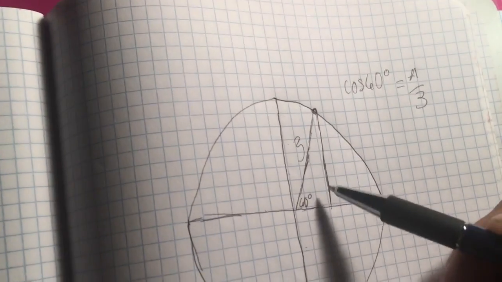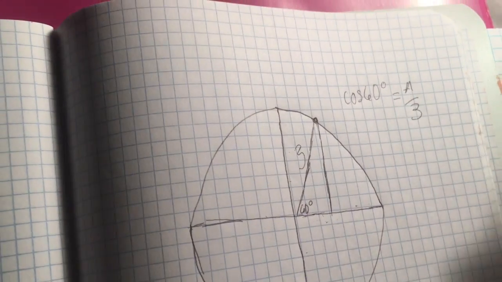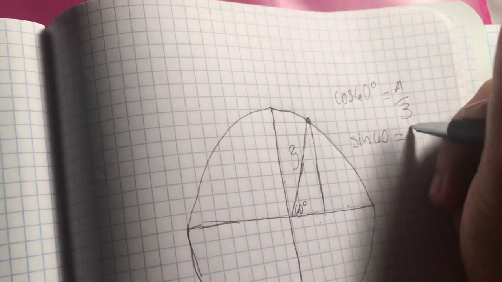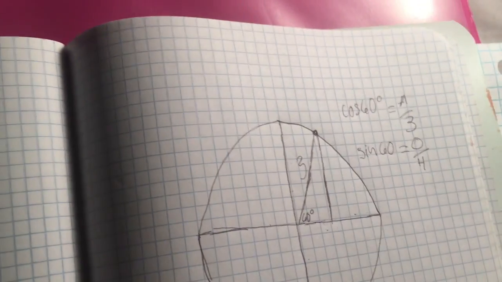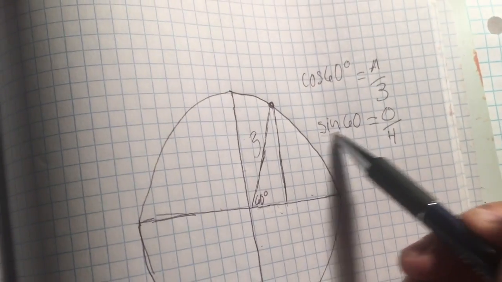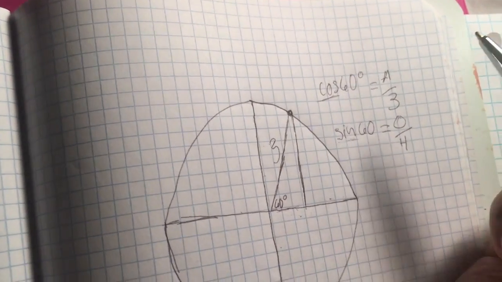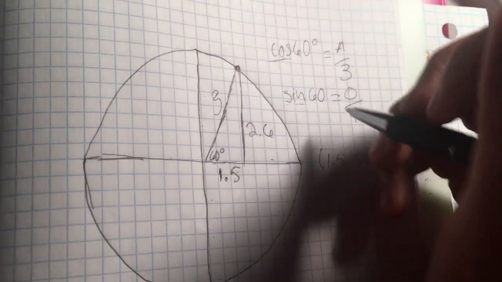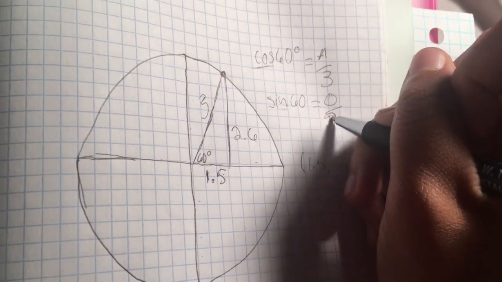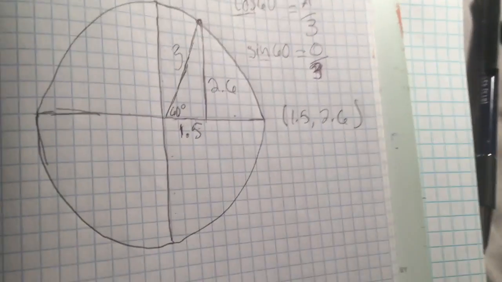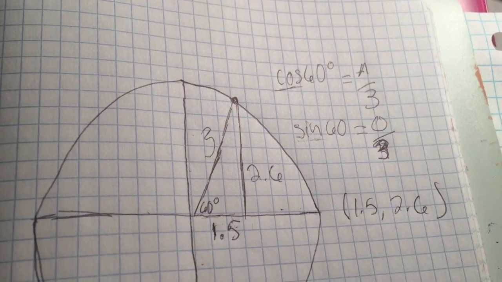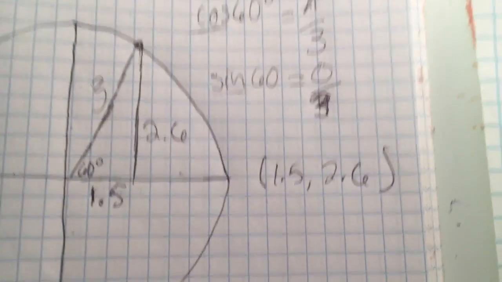And when we're finding this side, we want to use sine. We should remember that sine is going to be our y value, while cosine is going to be our x value. So sine 60 equals opposite over the hypotenuse, which is 3, and we get 2.6. When we do cosine 60 equals a over 3, we get 1.5. And that is our coordinate point.